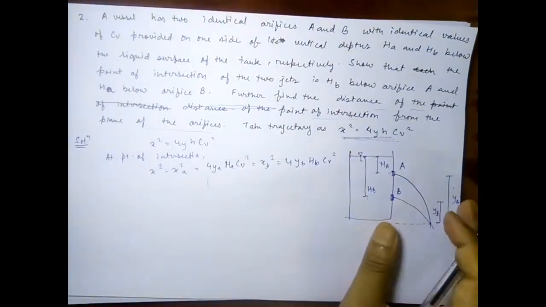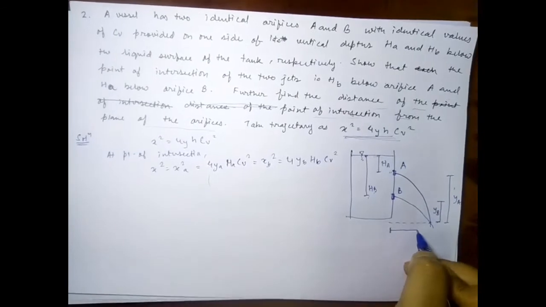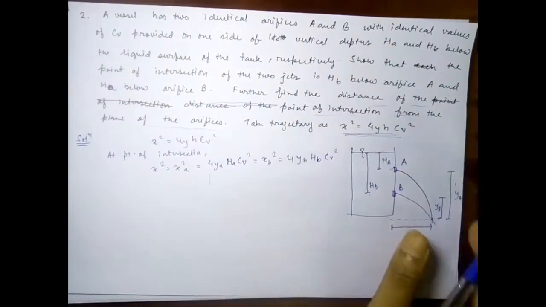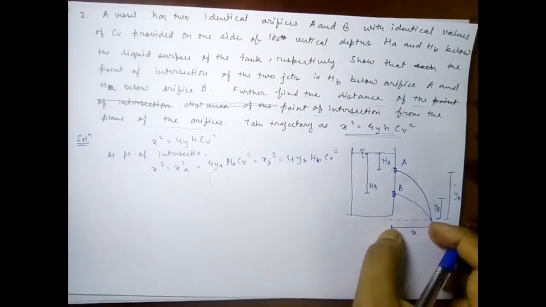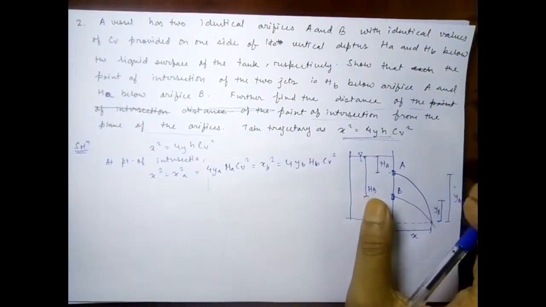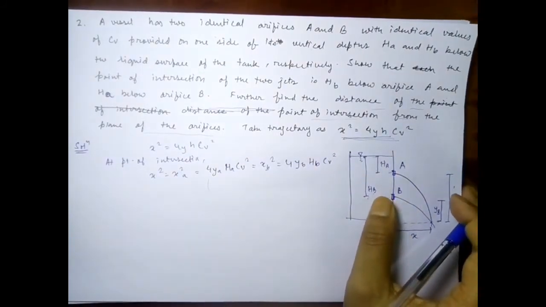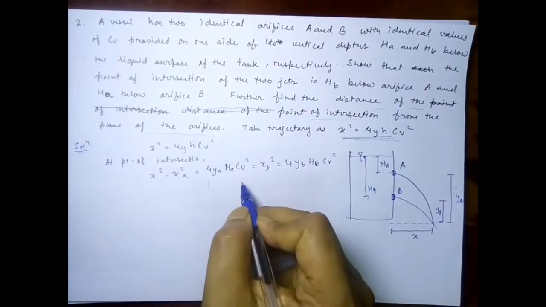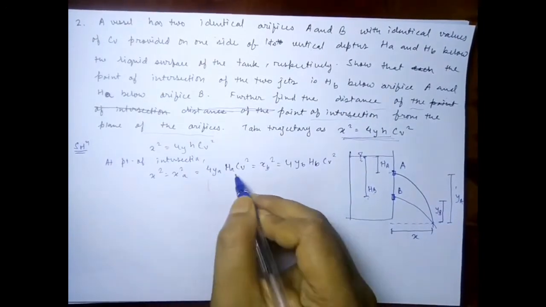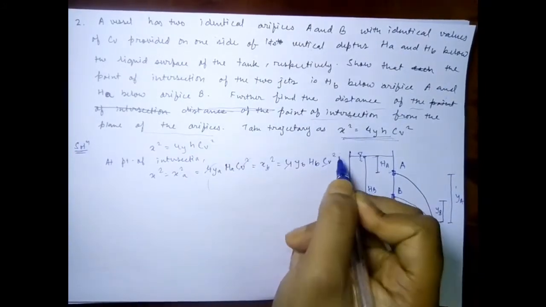CV is same for both of them, and let us suppose that this is the x distance, that is it is same for both a and b. At a distance of x they will be meeting if we consider the x distance in the x direction, and therefore from this we can say that, let's simplify this, 4 gets cancelled, and similarly CV square also gets cancelled.